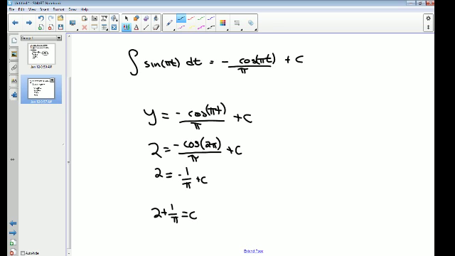What's my function, Canyon? What's the function I need to write to finish this problem?